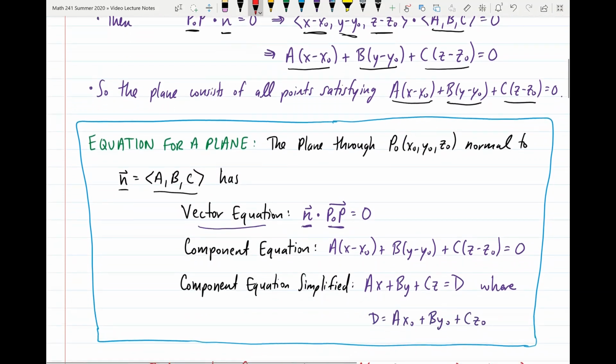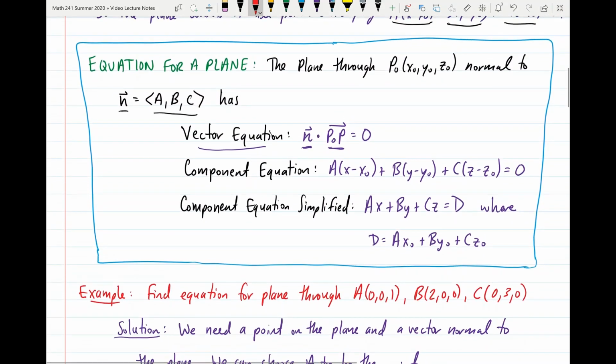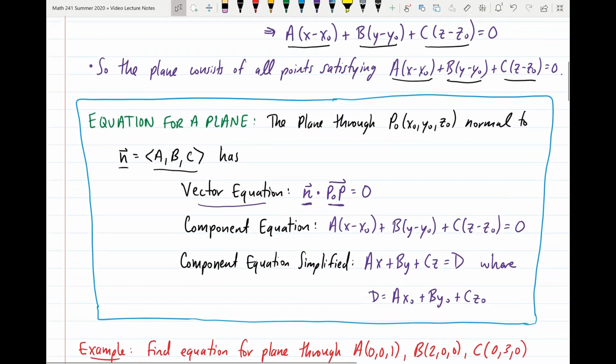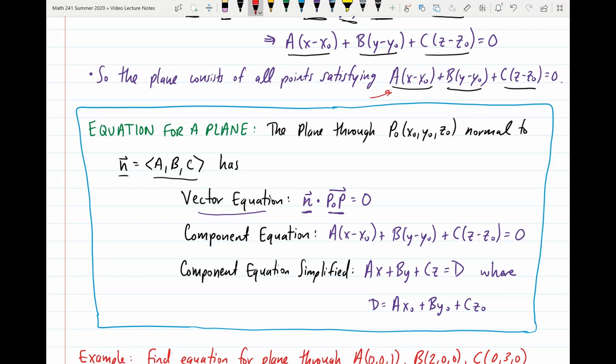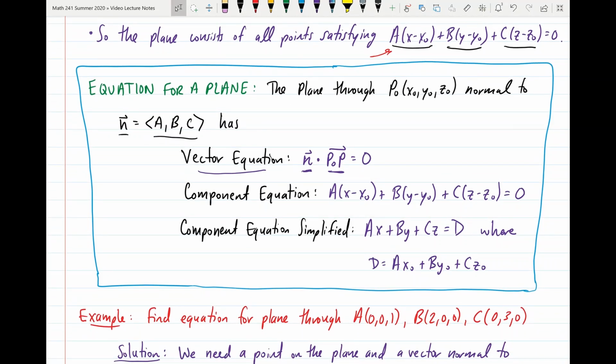The second equation is called the component equation, and this is the equation that we ultimately derived here, which is that the plane can be expressed with the equation A times x minus x naught plus B times y minus y naught plus C times z minus z naught is equal to 0.